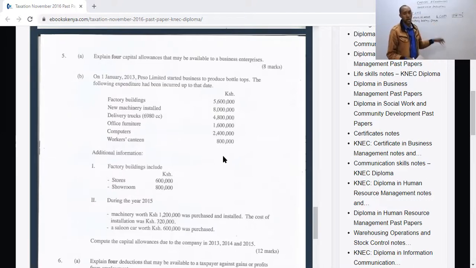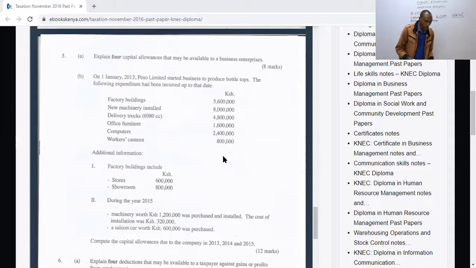Remember we talked of the caretaker's dwelling place, the showroom, the administration blocks, the retail shops, and so on. So you have to look at our question, do we have them? From there, I can see stores, I can also see the showroom, which are there.